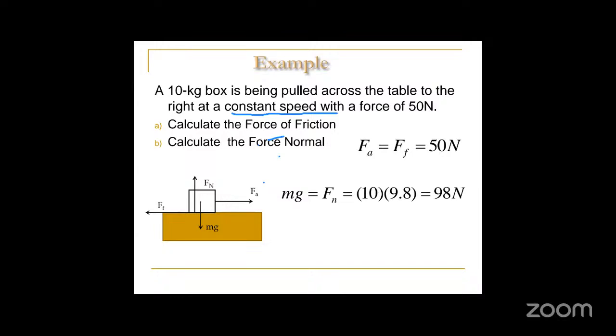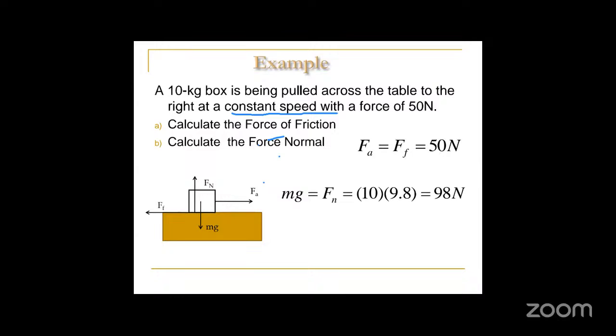By Newton's first law, we know that the horizontal forces are balanced. The force on the right is equal to the force on the left. The vertical forces are also balanced. The force upward is equal to the force downward. Now we are asked to find the frictional force.